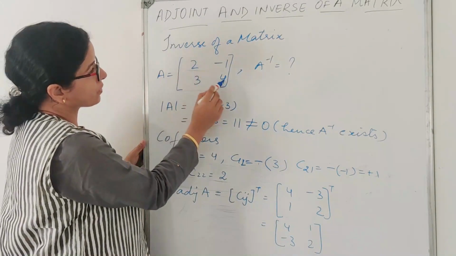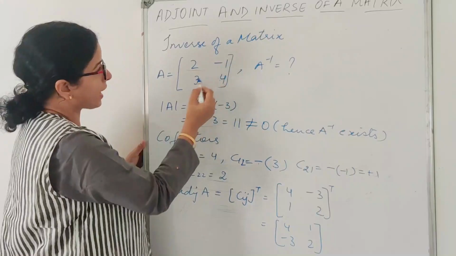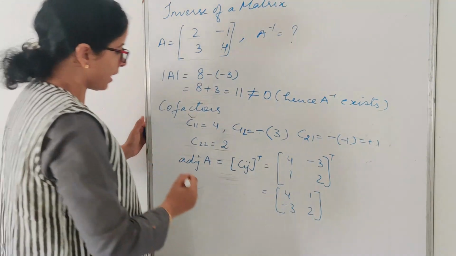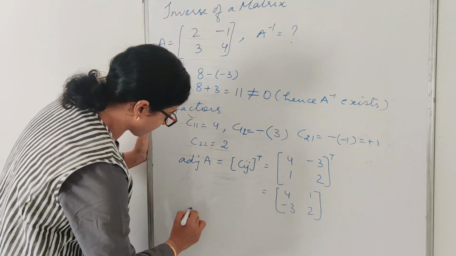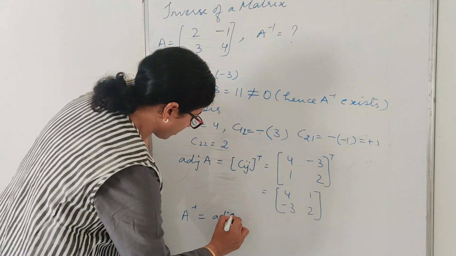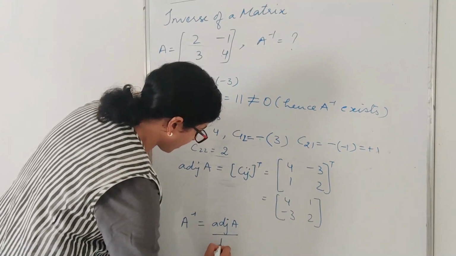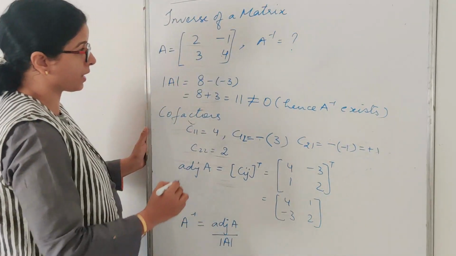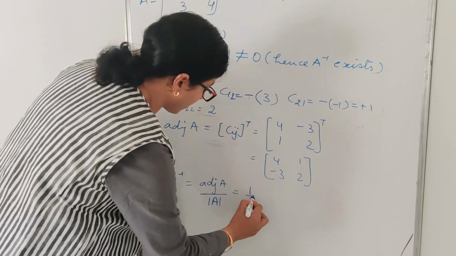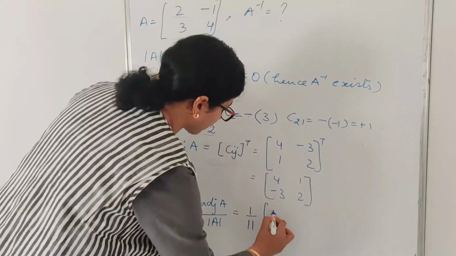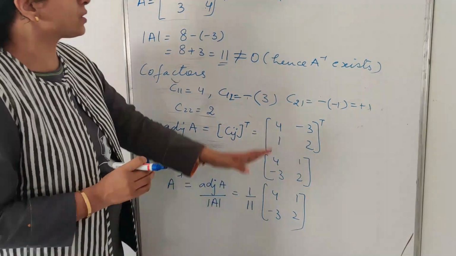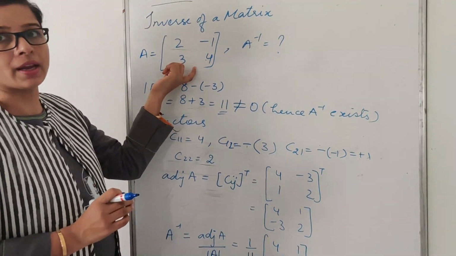So interchange of the diagonal elements and the off diagonal elements are followed by the minus sign. Okay. Now A inverse equals adjoint A divided by determinant of A. Okay. So what is my determinant? 11. So this can be written as 1 by 11, 4, 1, minus 3, 2. This is the inverse of the given matrix A.